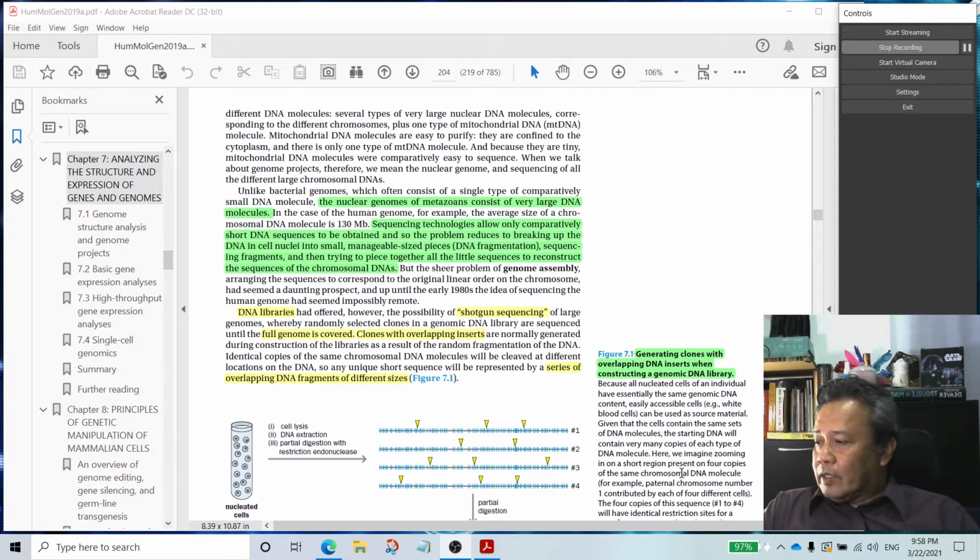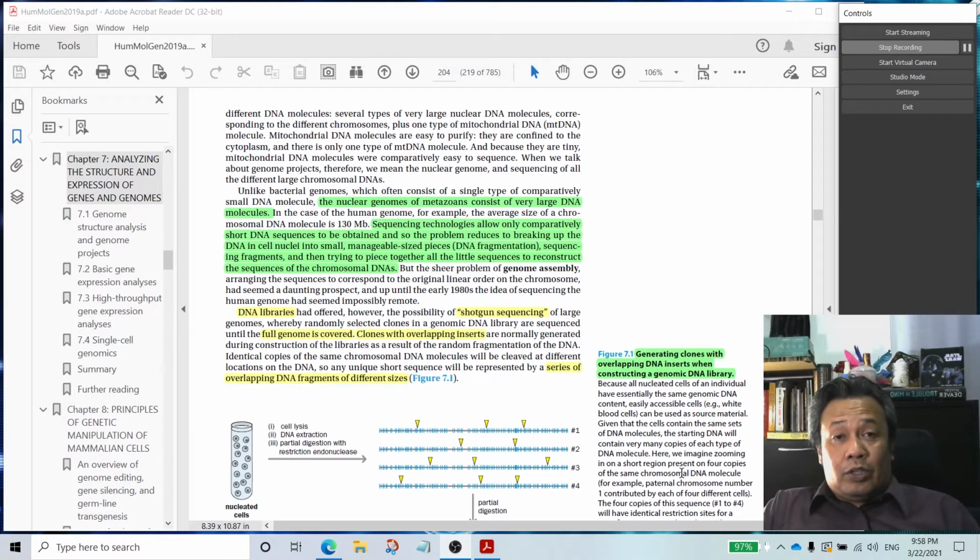So most of the strategy towards sequencing the genome is, first of all, you need a framework. By framework, you need to be able to sort out all the different chromosomes.